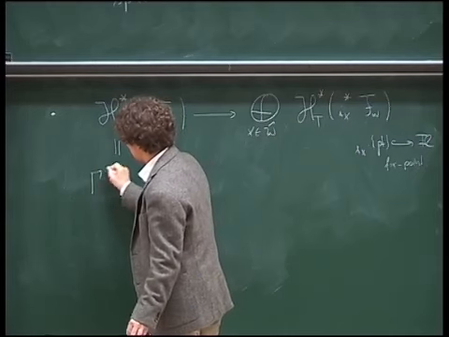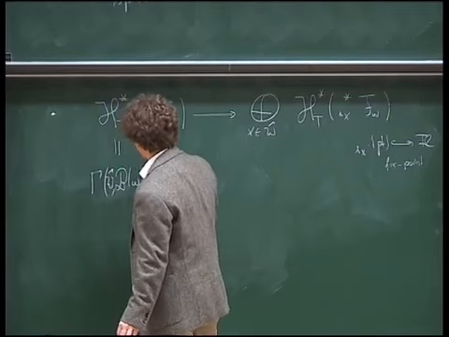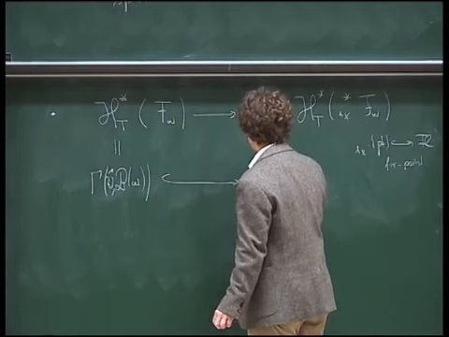It's the global sections of this BW inside the direct sum of its stalks.